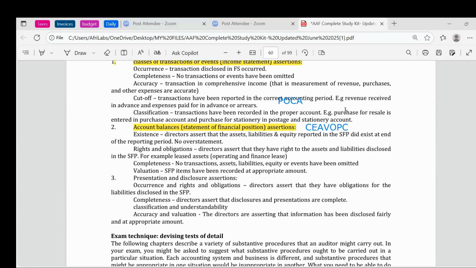Okay? Then SOFP is what? As at. So from the beginning of the company till their current day, that is what SOFP. But income statement is for the year ended. So from the beginning of the FY till the end of the FY.